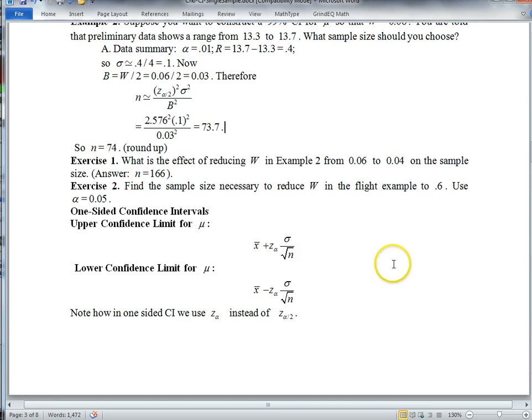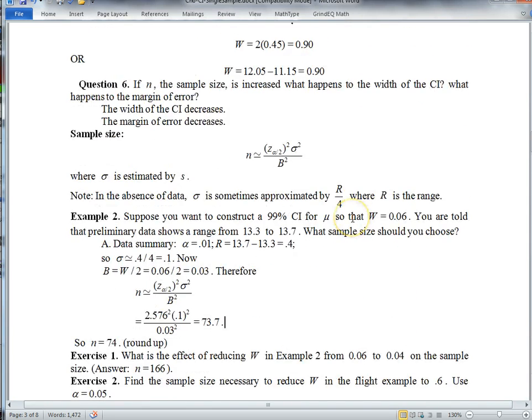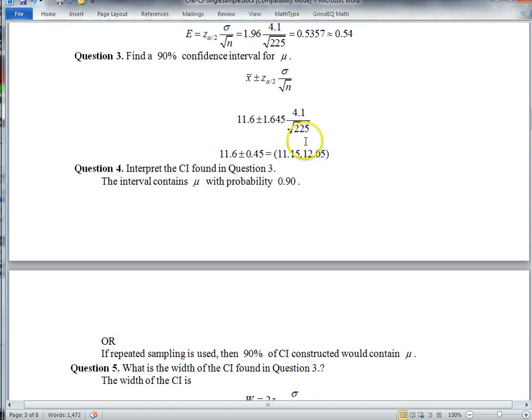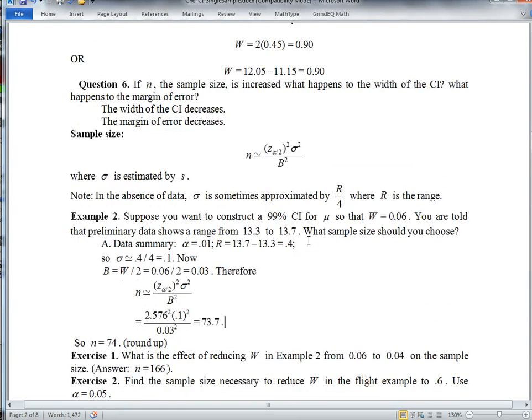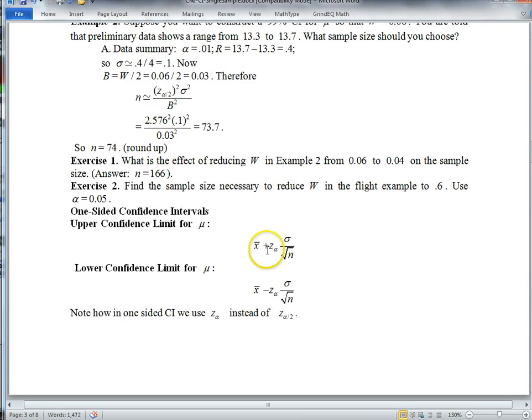Sometimes you may be interested in only one side. If you look at this confidence interval here, I have a lower side and an upper side. But sometimes you may be only interested in a one-sided confidence interval. You want to see whether your mu is below a certain level or above a certain level, but not in between two values.